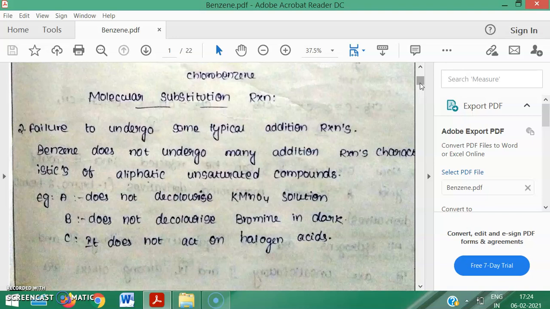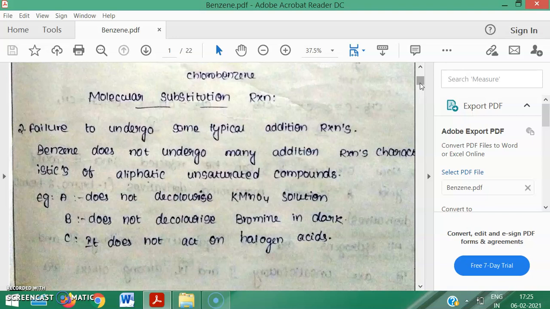So these three reactions indicate that if alkenes are present, double bonded compounds or unsaturation are present, they can decolorize the KMnO4 pink color to light color, and bromine's orange color to light color, and undergo addition type of reaction with HCl. H and Cl both are added. It should undergo addition, but it doesn't happen.